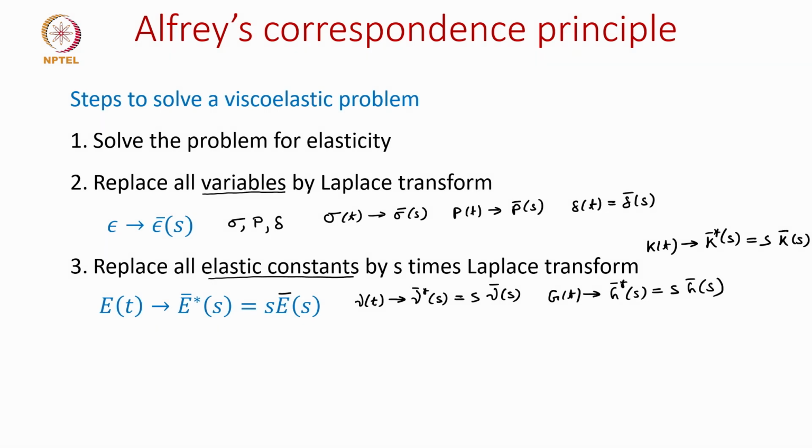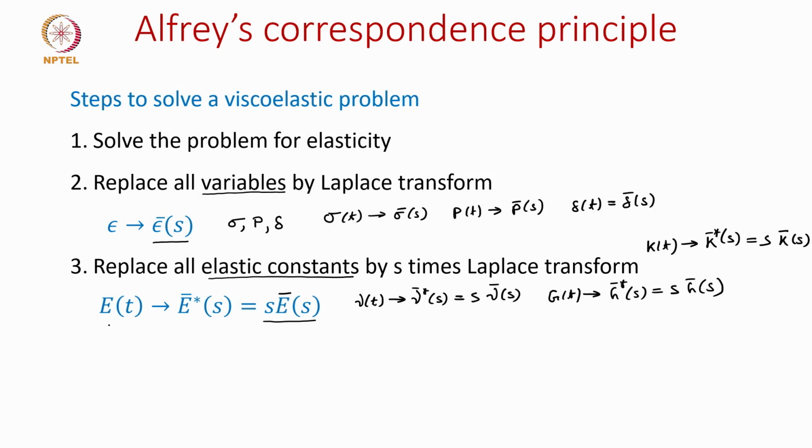So, what we have seen is, first step, find the solution in elasticity. Second, once we have the final equation, in that equation we find all the variables and replace them with the corresponding Laplace transform values. Then in the third step we identify all the elastic constants in the final equation and replace each with s times the Laplace transform of that elastic constant or material property.